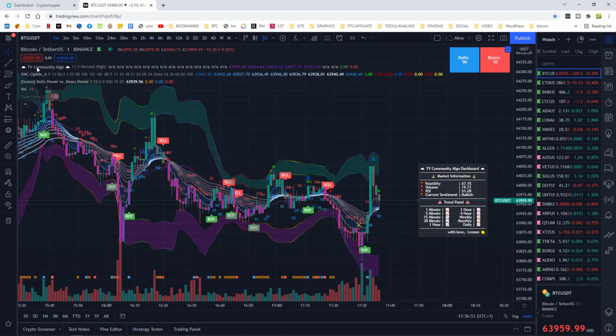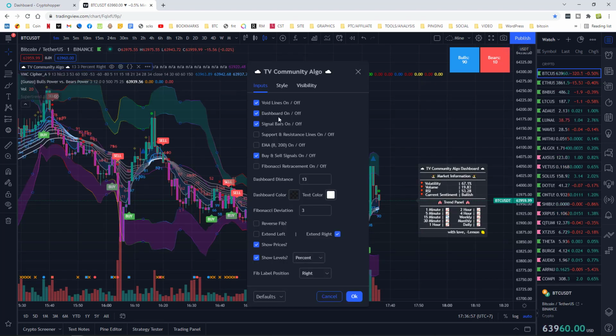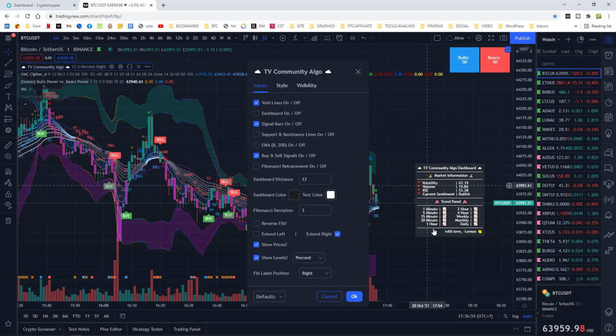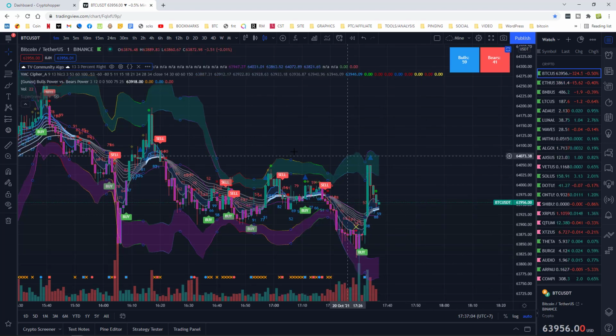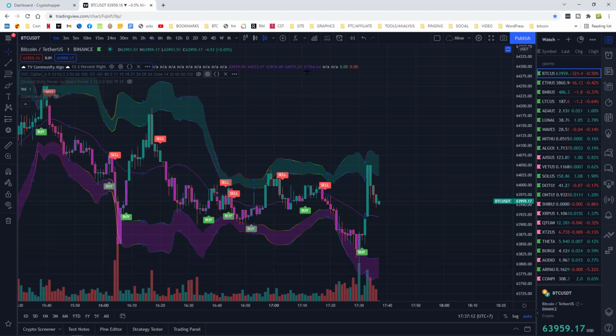Maximize that, and we can turn off the dashboard on there, which is this part.